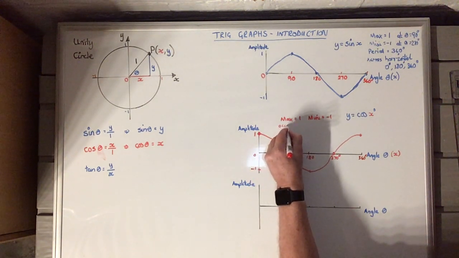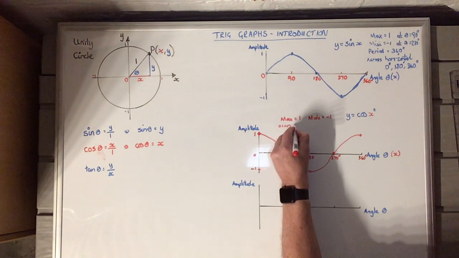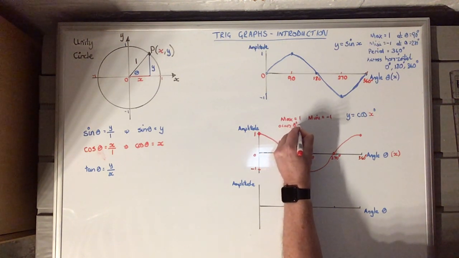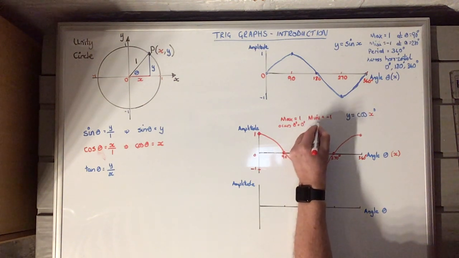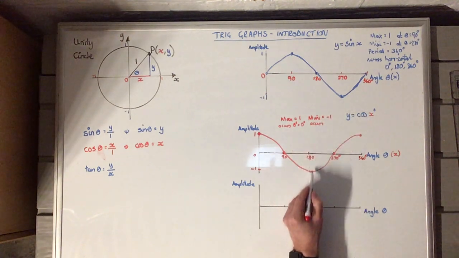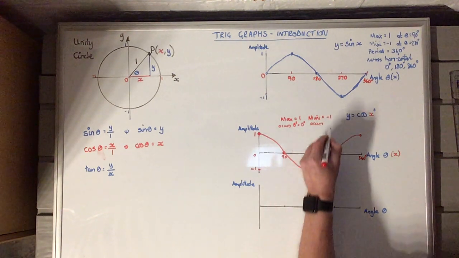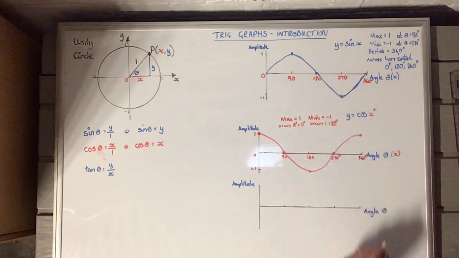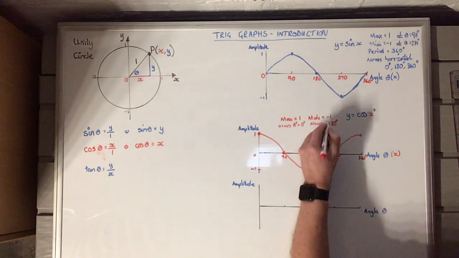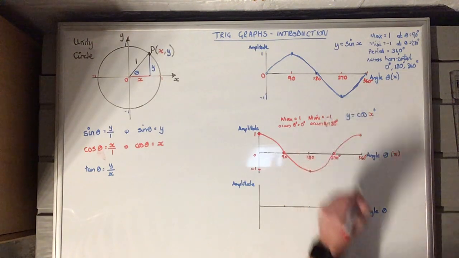So max occurs at theta equal to 0 degrees. And for the minimum value, well, minimum value is -1, so it's here. So it's going to happen at 180 degrees. Because remember, we should put theta in there when theta is equal to 180 degrees.